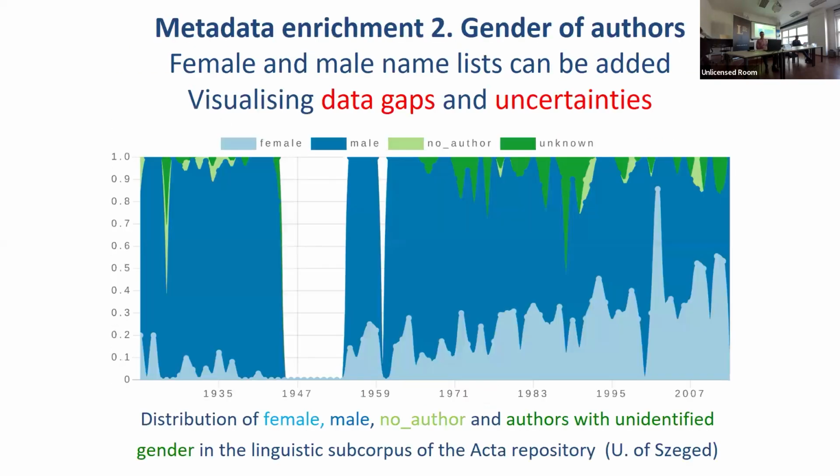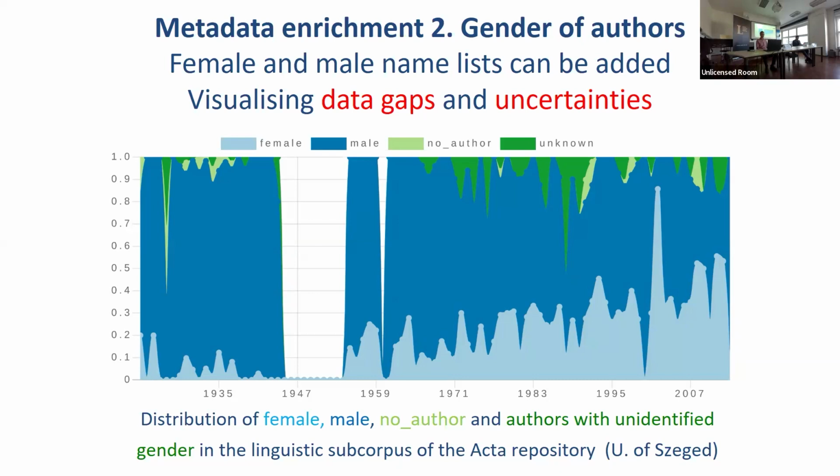The second enrichment type is the identification of the gender of the authors. There is a built-in dictionary of 55 countries, but you can again add your own female or male list at any time. And we also wanted to visualize data gaps and uncertainties in AVOBMAT.